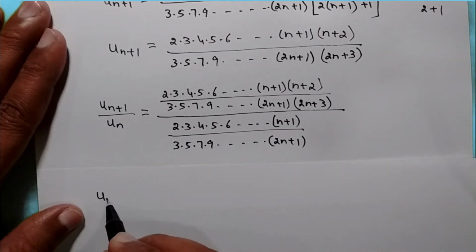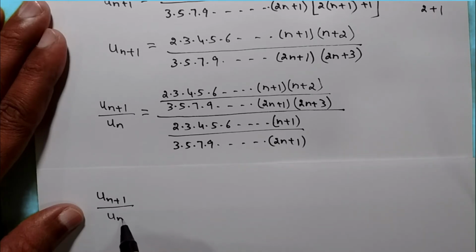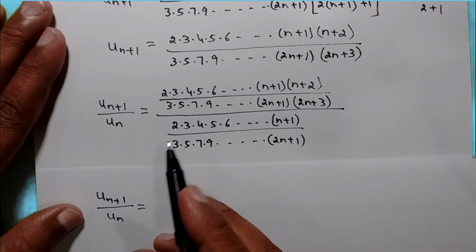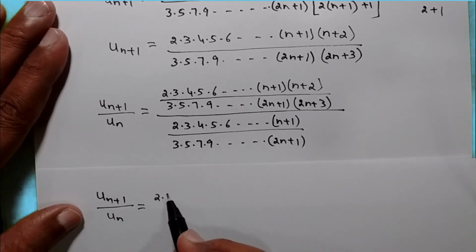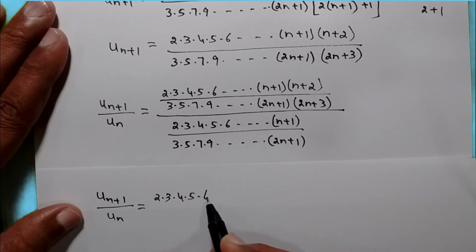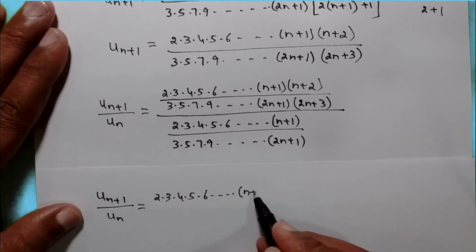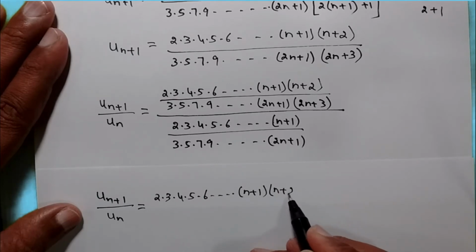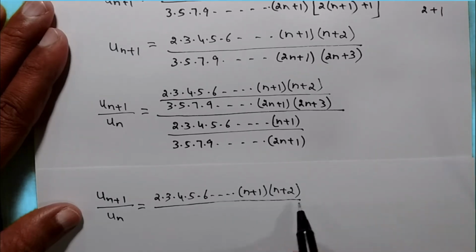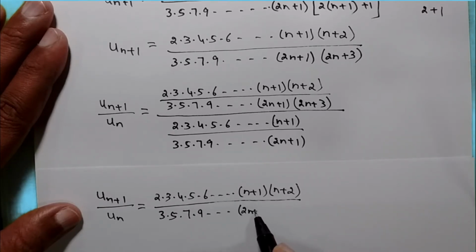So un plus 1 divided by un will be equals to this expression 2 into 3 into 4 into 5 into 6 and so on n plus 1 into n plus 2 whole divided by you have 3 into 5 into 7 into 9 into so on. It is 2n plus 1 into 2n plus 3.